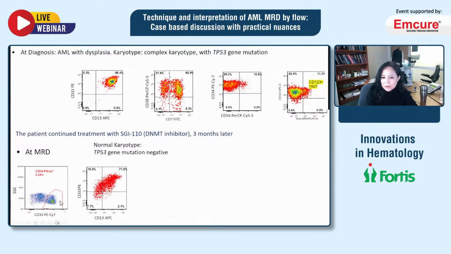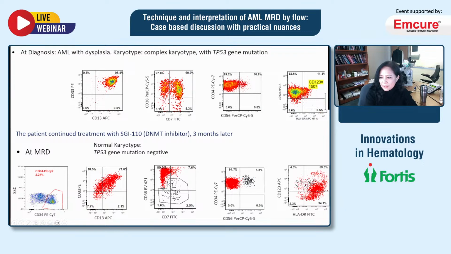But now, after the patient been treated with a small molecule inhibitor, after 3 months, we have the cells looking like an almost completely normal pattern. So we see the banana-shaped CD13 and CD33. However, the majority are normal, but we did see some CD7 positive cells, and it's on the CD38 dim population.